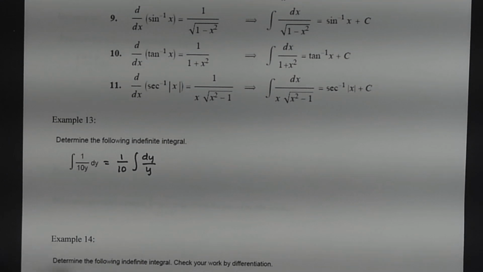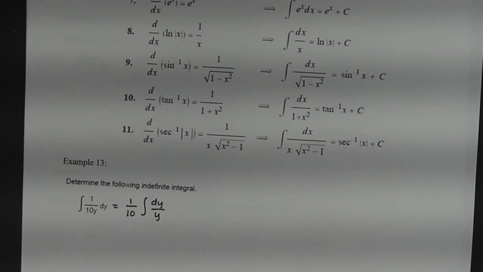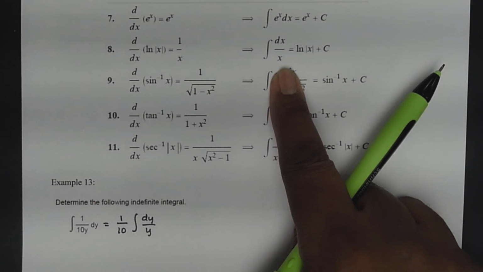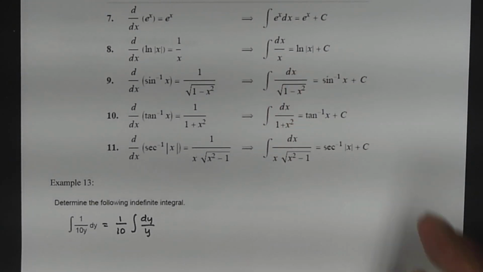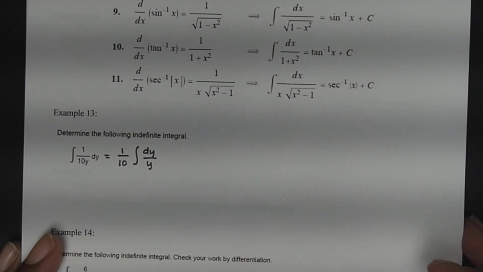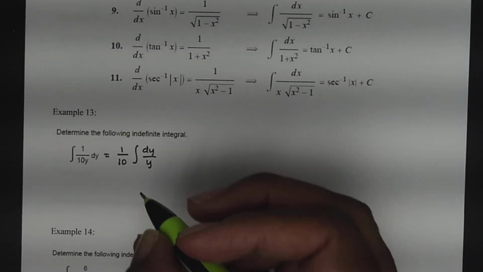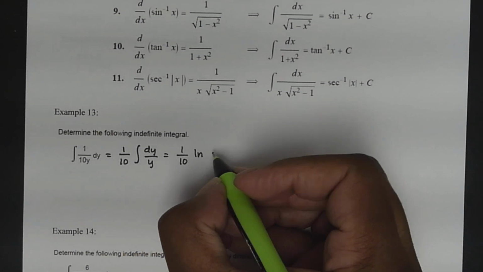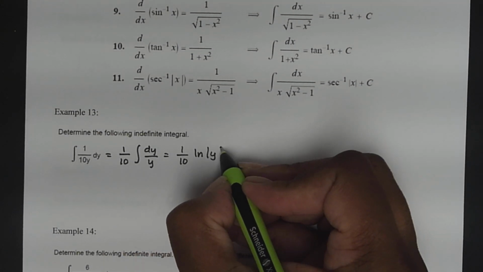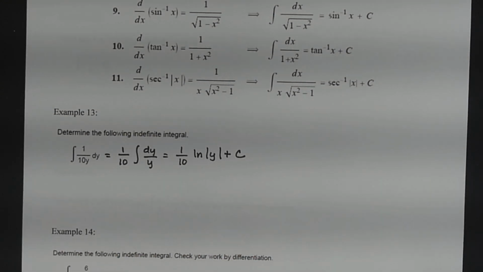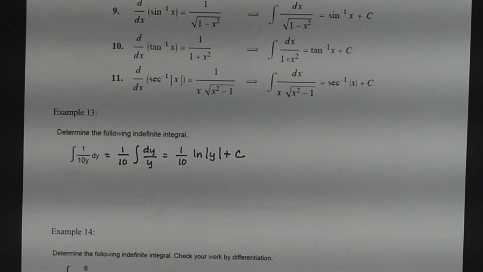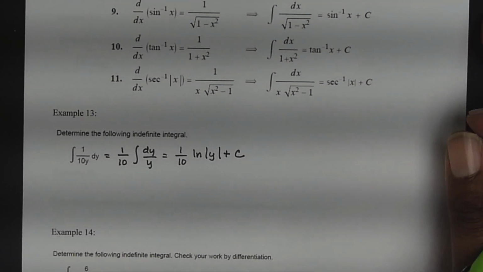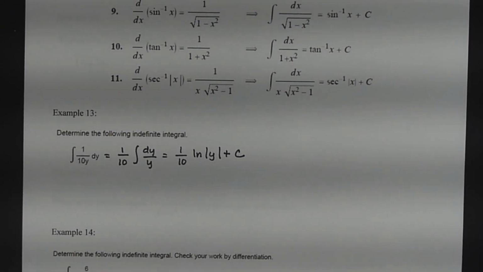Well, that looks similar to this one right here, the integral of dx over x. But here we're using y, so it'll be ln of the absolute value of y plus c. So the integral of dy over y is going to equal, bringing the 1/10 over, 1/10 natural log of the absolute value of y plus c. Notice you have to have the absolute value there because of the domain for the natural logarithm. It can't be negative and it cannot be 0.